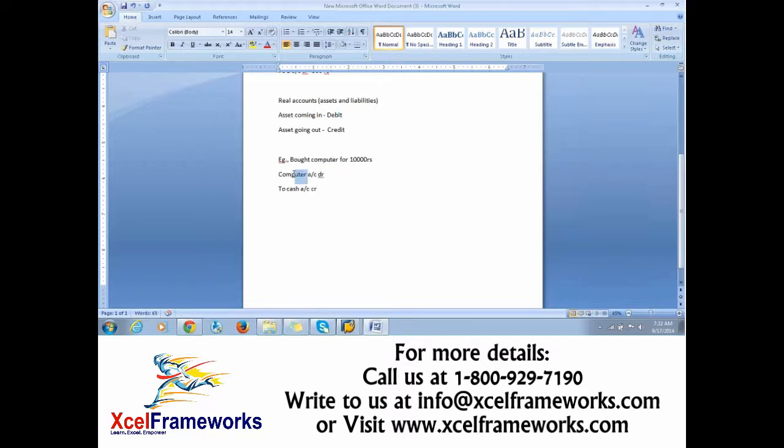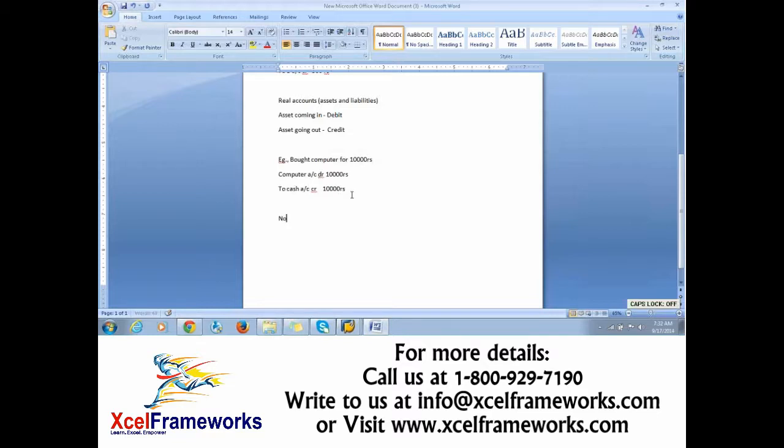Computer account, which is a real account or asset account. So why is it debited? Because the rule is, when an asset is coming in, it is debit. So 10,000 rupees to cash account. Cash account is a nominal account. I'll tell you, we haven't covered nominal accounts here. So the asset account is debited.